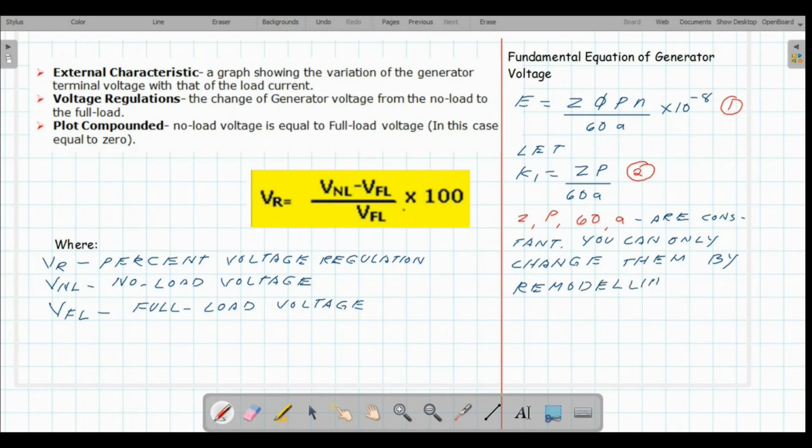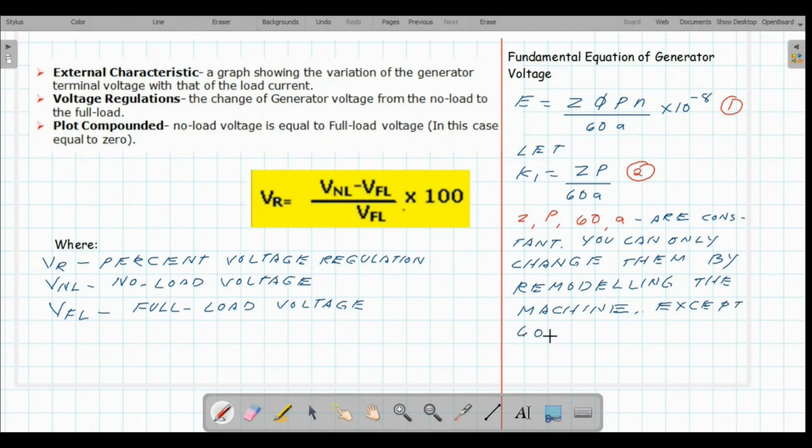Pag-design ka ng panibago, kasi mga constant na yan, hindi mo pwedeng baguhin. So, mababago mo lang siya kapag ni-remodel mo yung machine, except yung 60, kasi multiplying factor to. Wala kang magagawa rin dyan.